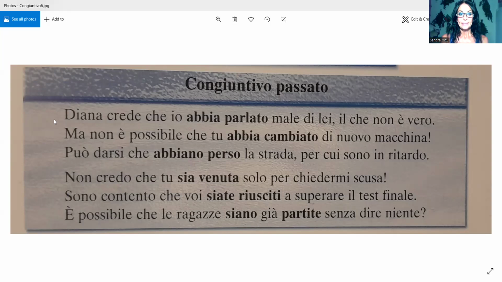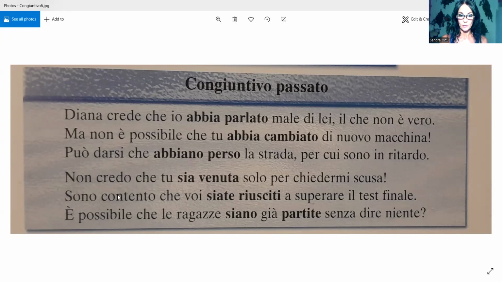First sentence. Diana crede che io abbia parlato male di lei, il che non è vero. So Diana believes that I have spoken ill about her, which is not true. As I said, we have the very first sentence with the first verb here, Diana believes, which is in the present tense.